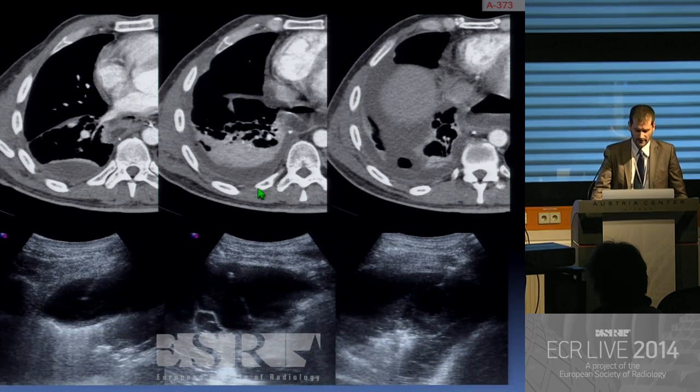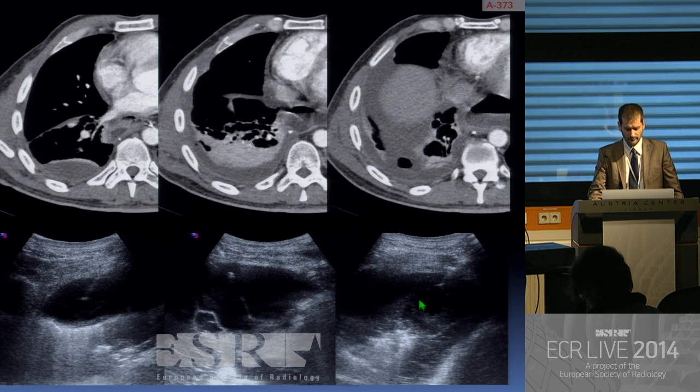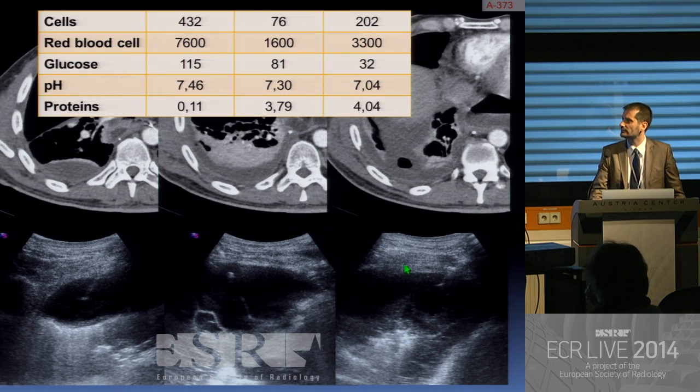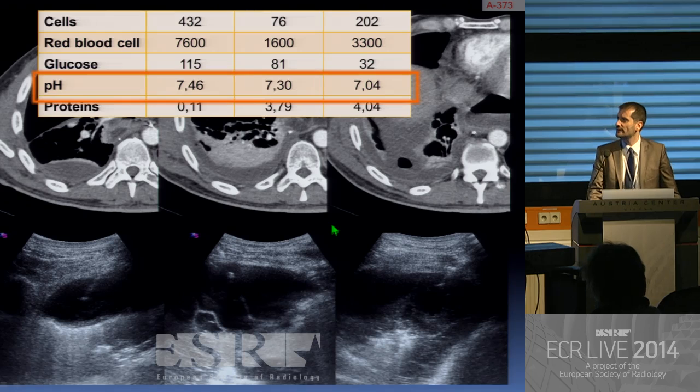Then we performed chest ultrasound and found 3 types of fluid: non-complex, septated, and complex septated. After that, we performed an ultrasound-guided thoracentesis and found these results. Note that the pH levels were extremely different in each of them.